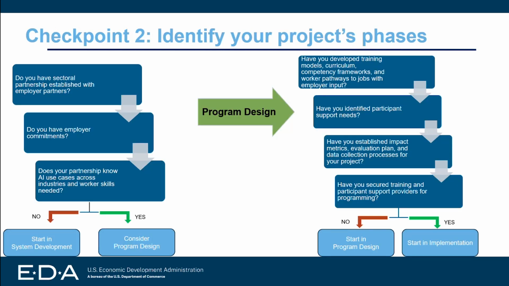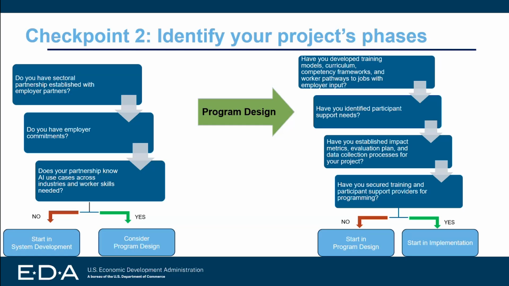Checkpoint two, identifying your phases. So we're giving you another diagram here to help you determine where you should be identifying or aligning your proposal. So here you can ask some key questions to help determine that. Is your sectoral partnership established with employer partners? Do you have employer commitments?